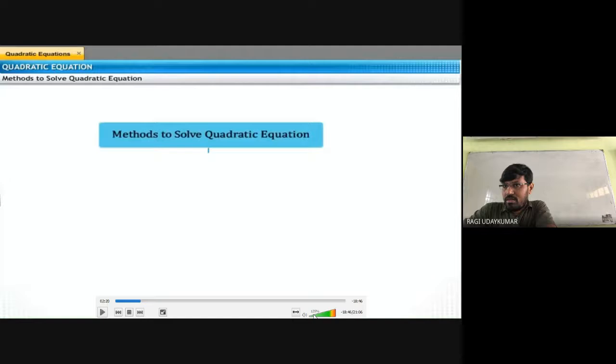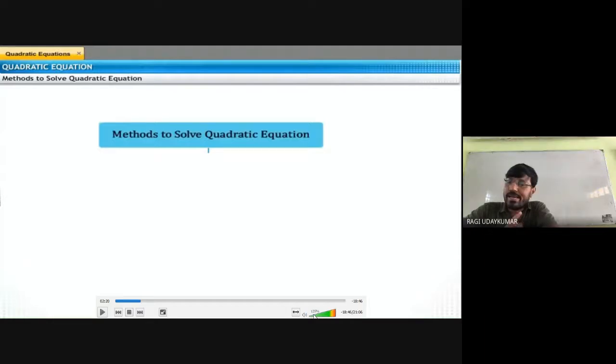If you say a square plus b square should not be equal to 0, it means both a and b should not be zero. When do we use a square plus b square not equal to 0? When we take a linear equation in two variables, ax plus by plus c equal to 0, because both a and b should not be zero. If b is 0, that is a linear equation in a single variable.